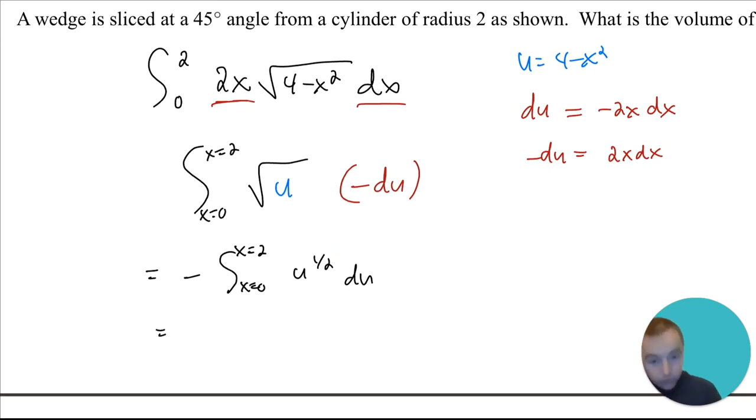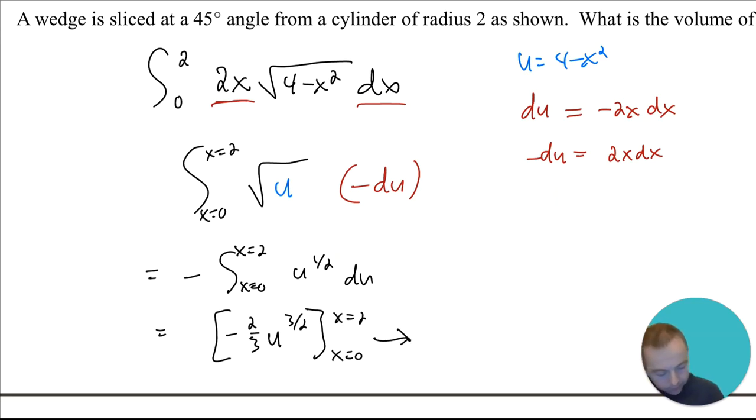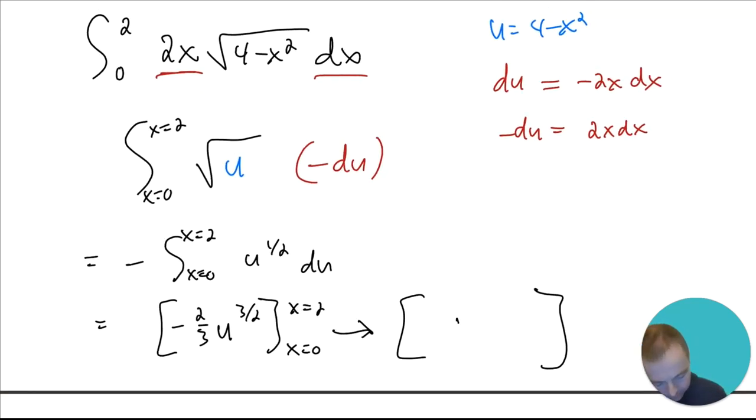And then by power rule, this would be u to the 3/2 multiplied by 2/3 and negative. That will evaluate between x equals 0 and x equals 2. So then we need to put the x back in. We said u is equal to 4 minus x squared, right? So 4 minus x squared to the 3/2 power, multiplied by negative 2/3, we're going to evaluate between x equals 2 and x equals 0.